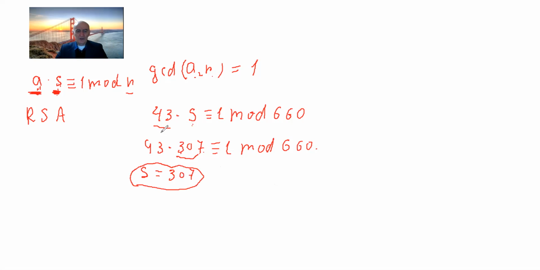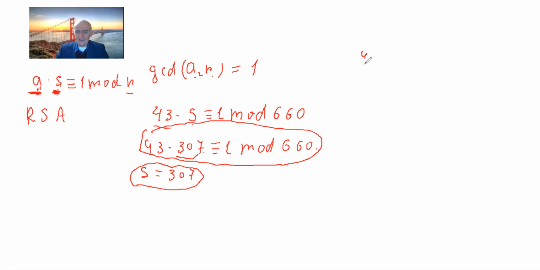Okay, so please make sure that this is correct. Why is it correct? Because we already represented one as a linear combination of 43 and 360.